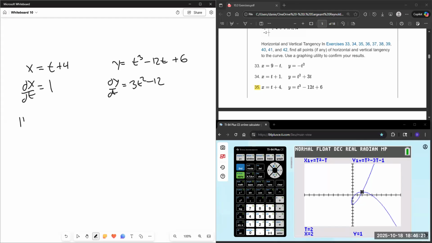So horizontal tangent when 3t squared minus 12 equals 0. 3t squared equals 12. t squared is equal to 4. t is equal to plus or minus 2.